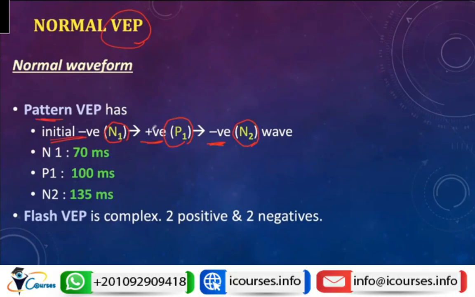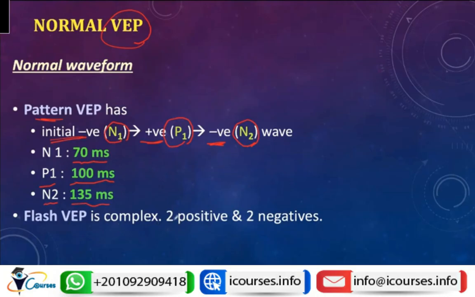What is recorded mainly is the amplitude and latency. The latency of the N1, from the initiation of the stimulus till it appears, is about 70 milliseconds. The P1 will appear at 100 milliseconds, while the N2 starts to appear at 135 milliseconds. If these waves appear later than this, then this patient has delayed latency.